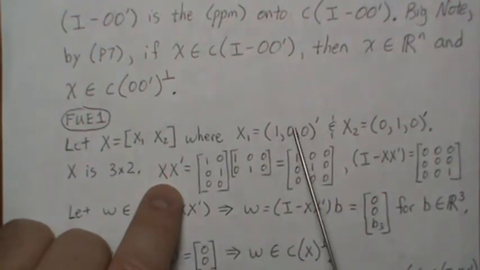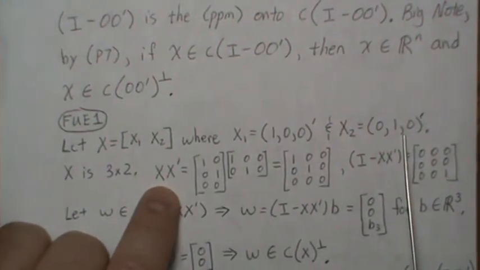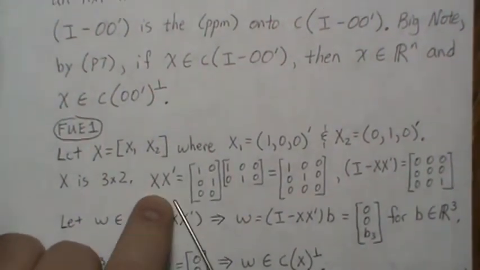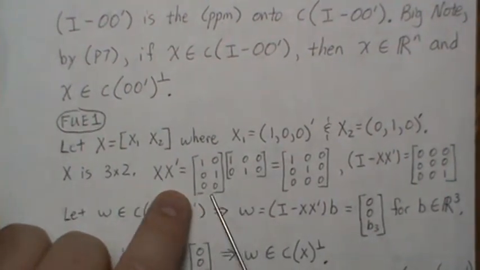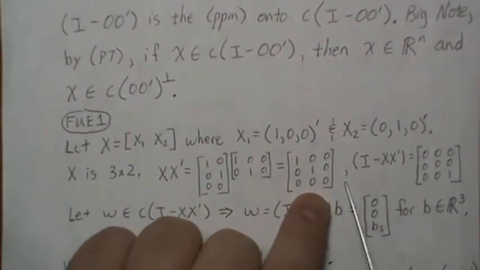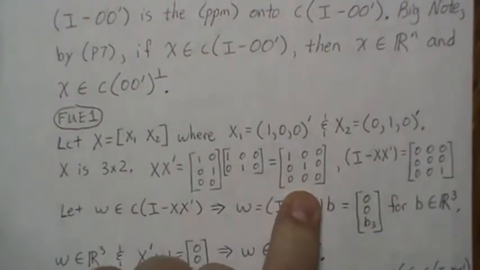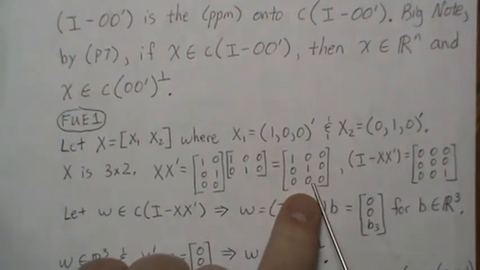Then since they're orthonormal, this becomes a perpendicular projection matrix, XX transpose, which is this. Here is the cool thing about projection matrices.